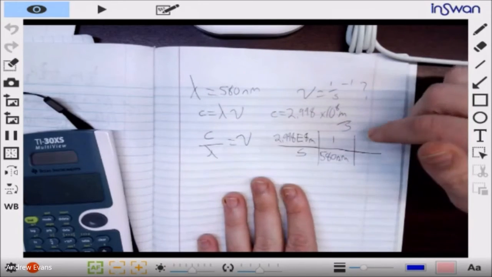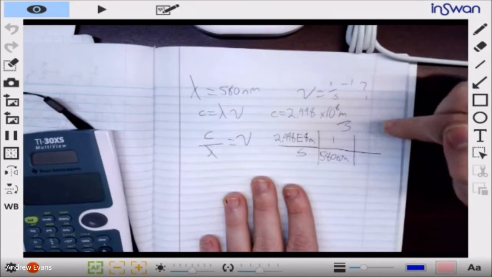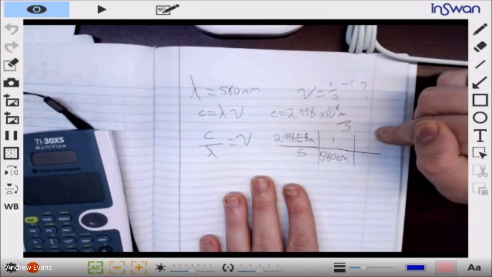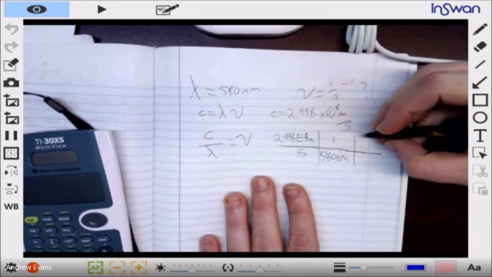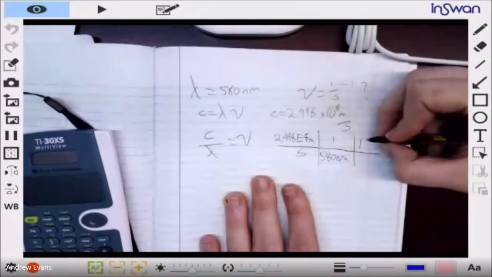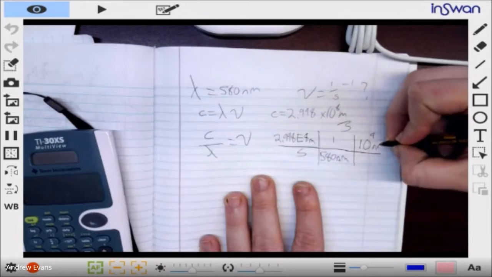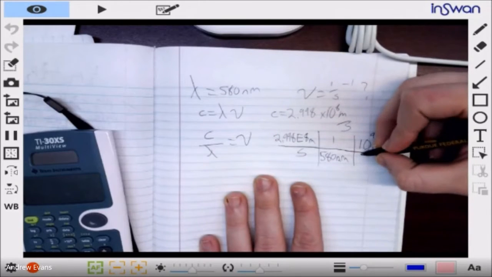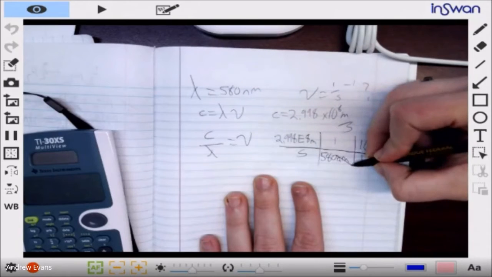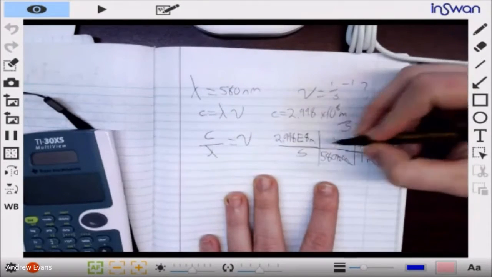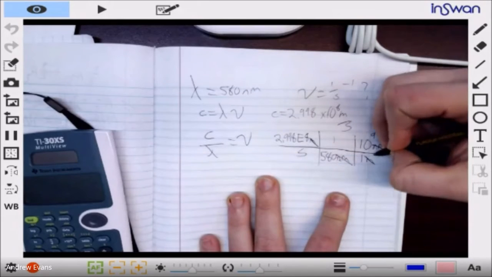So you got to remember our prefixes. Milli is 1,000. Micro is 1,000,000. Nano is 1,000,000,000. Nano is small, so there's 10 to the 9th nanometers in 1 meter. Now doing that, nanometers and nanometers cancel out here. Meters and meters cancel out here.